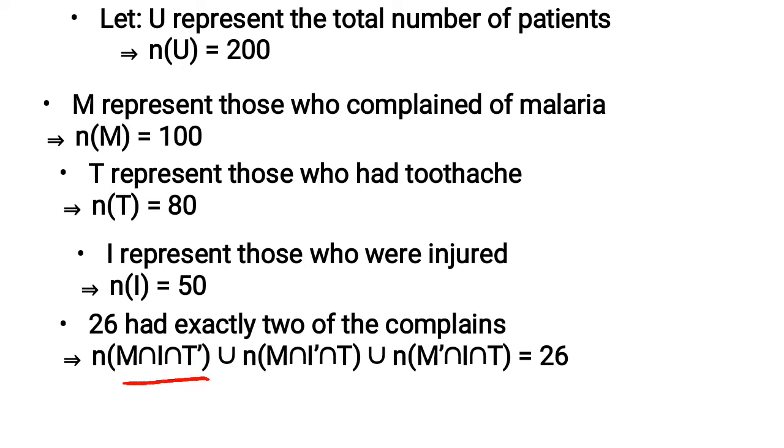All right, then union M intersection I complement intersection T, meaning I has been removed. That is, we are left with M and T only. All right, then we have number of M complement intersection I intersection T. So M has been removed. We are left with I and T only. And we are saying that is 26.